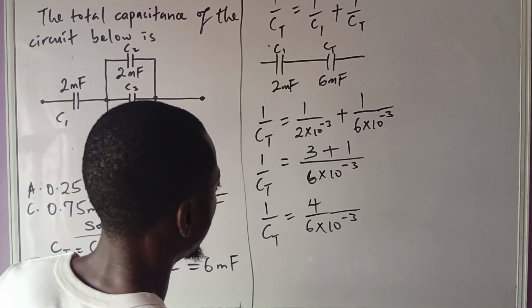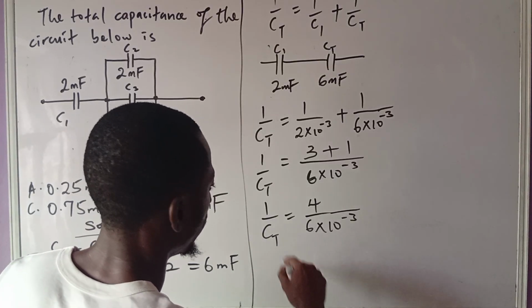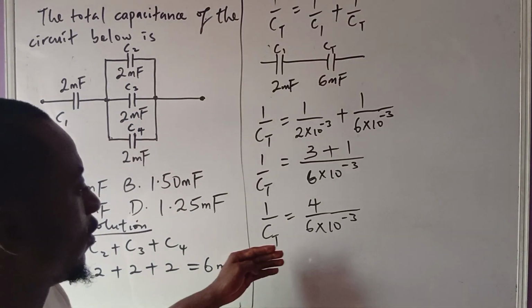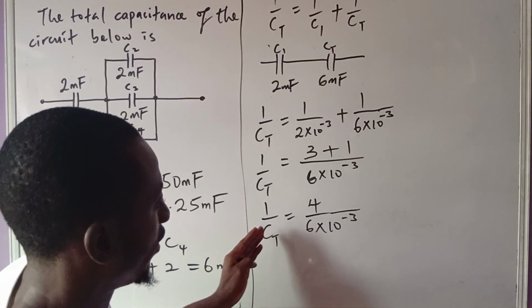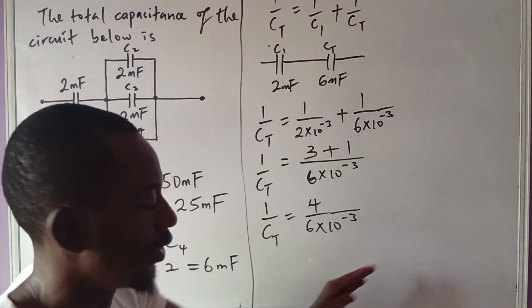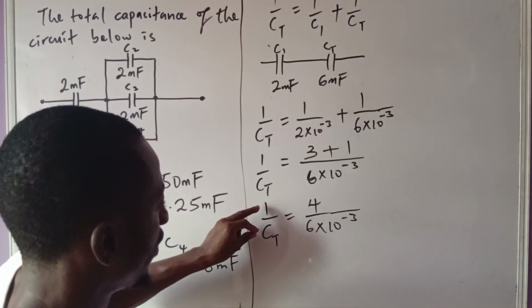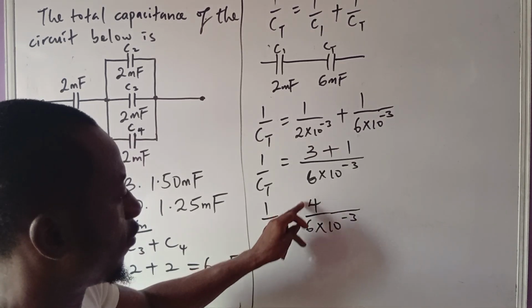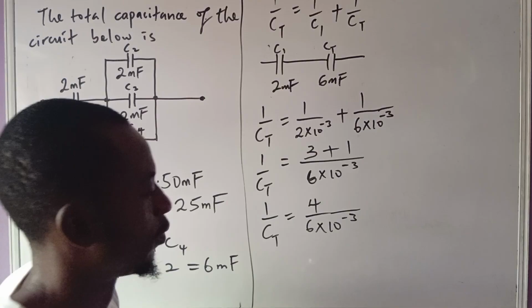And from this point I can decide to invert. Whatever I do to the left hand side, I have to do to the right hand side. So I'll find the reciprocal of 1 over CT and the reciprocal of 4 over 6 times 10 raised to power minus 3.